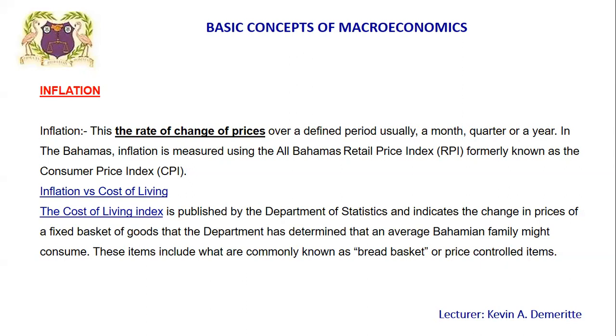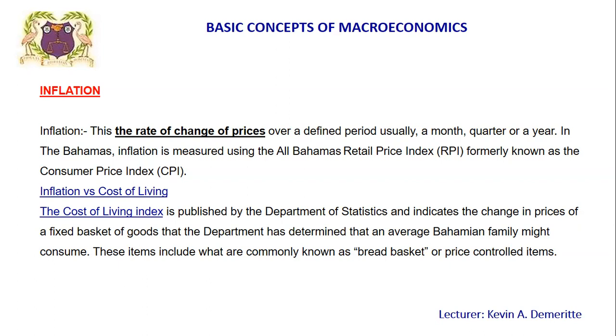On the other hand, the RPI, CPI is produced by the Department of Statistics. Now, the Department of Statistics also produces what is called the Cost of Living Index. But the Cost of Living Index only indicates the change in the prices of a fixed basket of goods, right, that the department has determined an average Bahamian family consumes.